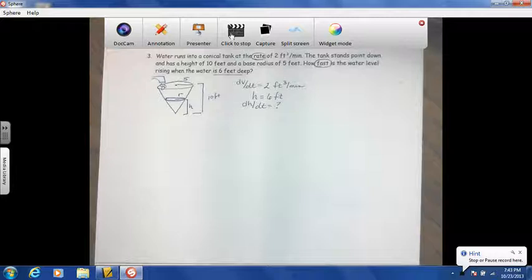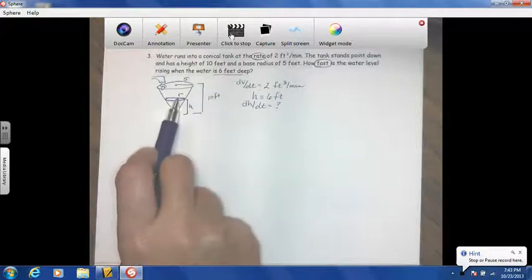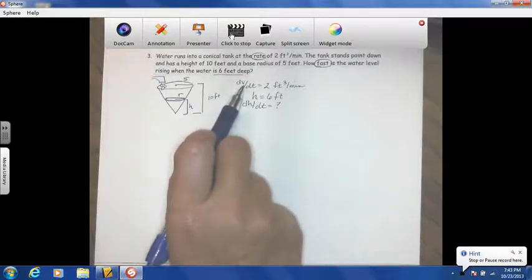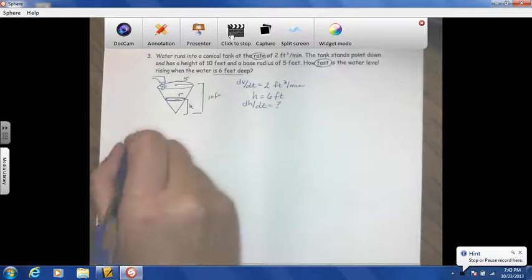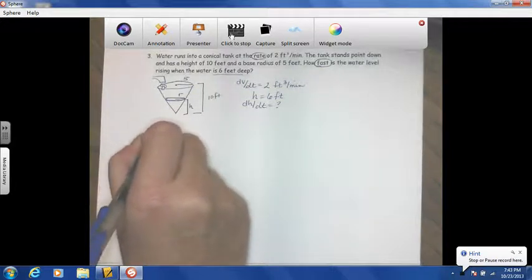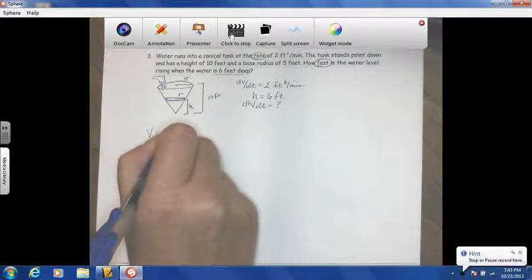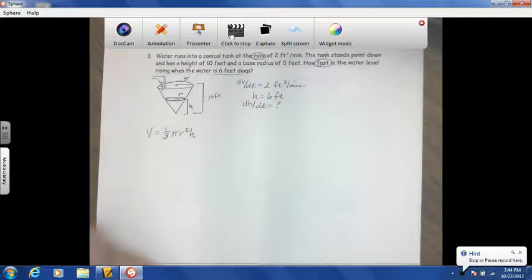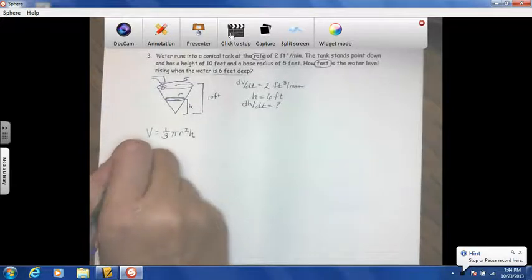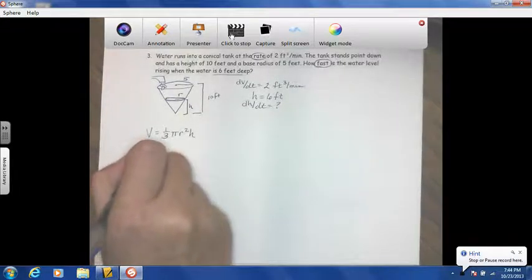So we need a formula that relates the radius, the height, and the volume together. The volume of a cone is 1/3 pi r squared h. So in order to find the rate of change of the height, we need to take the derivative. Now, watch carefully what happens when we take the derivative. We're actually going to run into a little bit of a problem here. To begin with, the derivative on the left side is dV/dt.